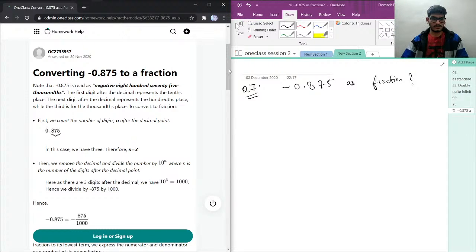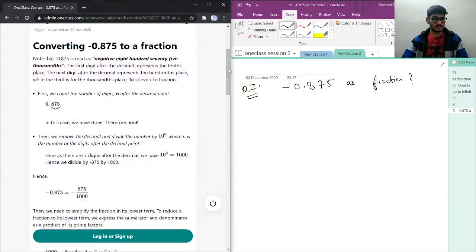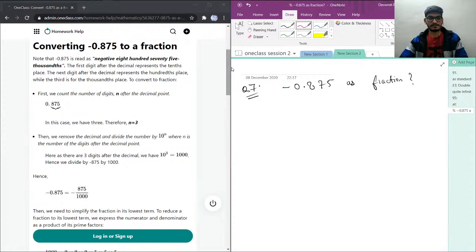To convert to fraction, first we count the number of digits after the decimal point. We have 0.875, in this case we have 3, therefore n is equal to 3. And then we remove the decimal and divide the number by 10 power n, where n is the number of digits after the decimal point.